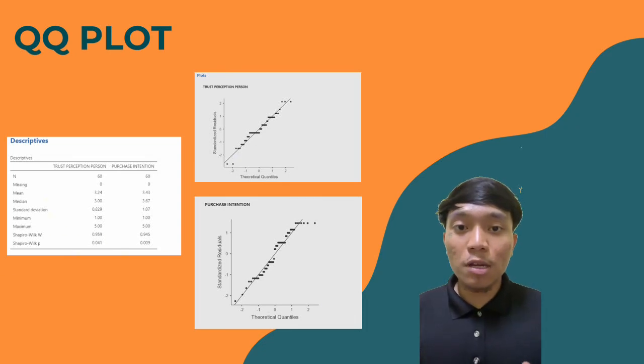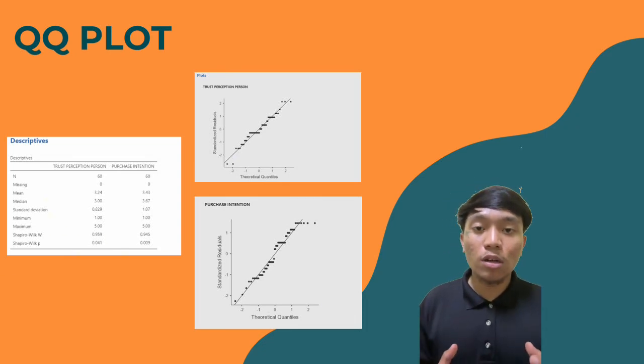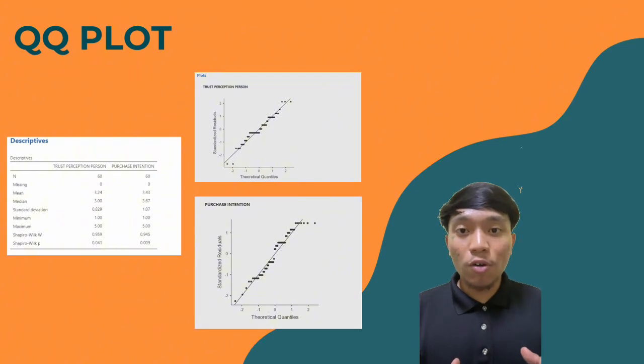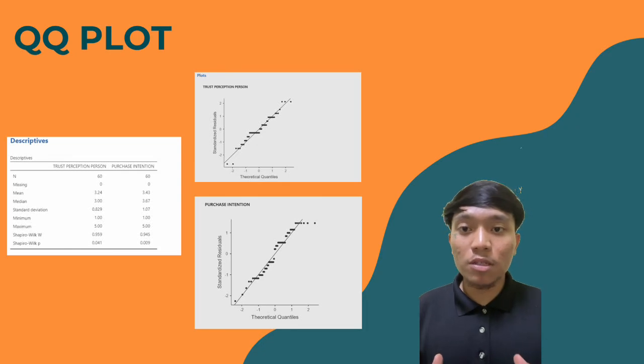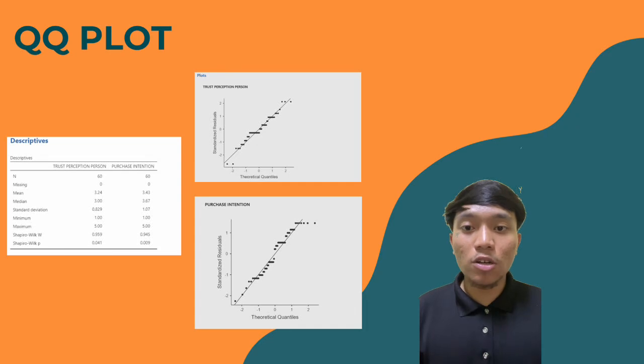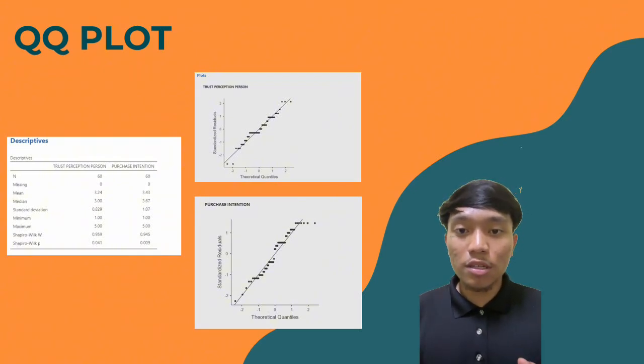Since both variables have p-values below 0.05, we reject the assumption of normality. This means both trust perception percent and purchase intention are not normally distributed. Therefore, instead of using a parametric correlation test such as Pearson correlation, this study used Spearman's rho correlation.